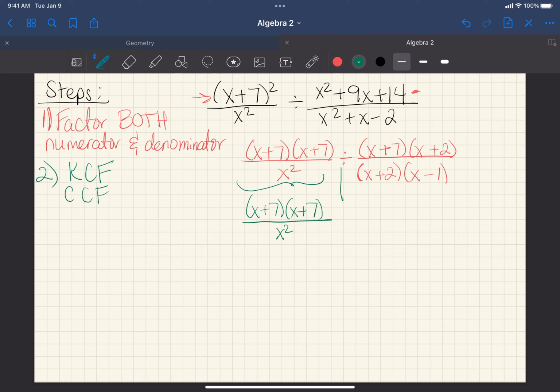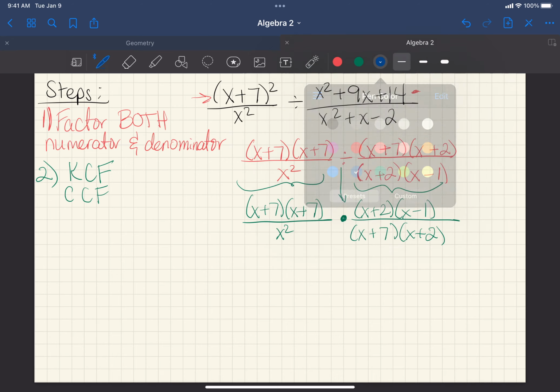I change the division to multiplication, and I flip the second expression, right? So now x plus 2, x minus 1, over x plus 7, x plus 2. Then my steps are exactly the same as before. I'm now going to multiply.